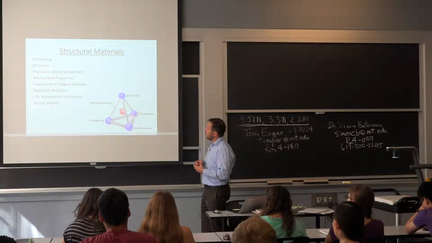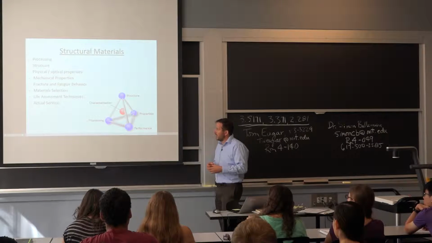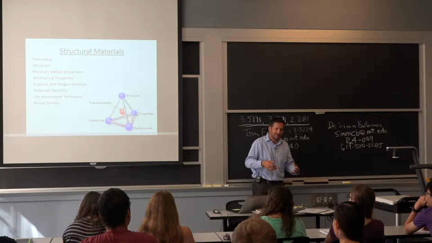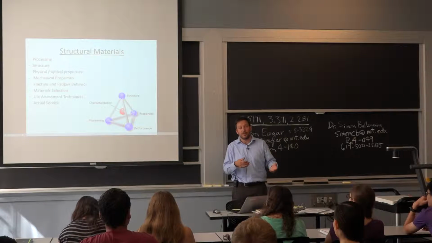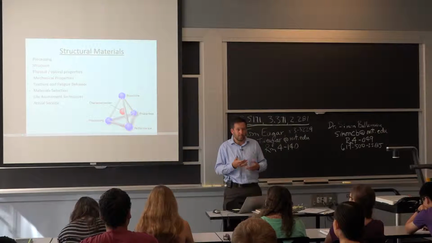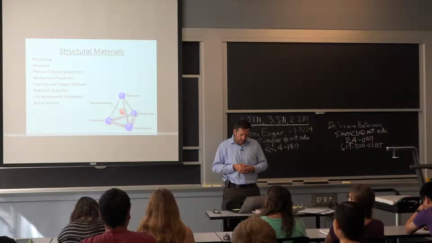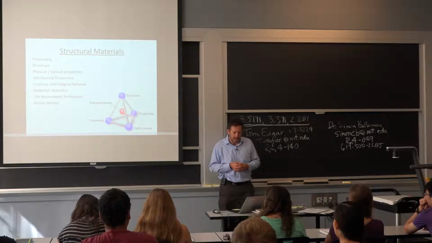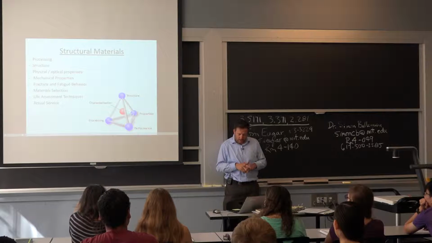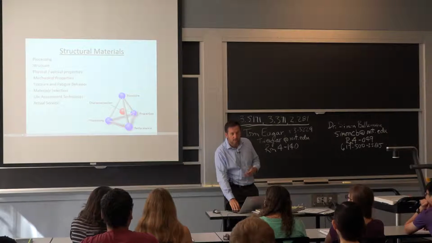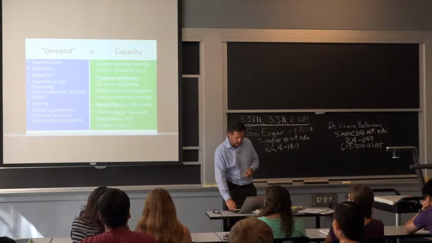But a lot of it, in terms of a structural material, it has to fit the function. And if it's a structure, then it needs to resist some loads under a certain condition of environment, temperature, and all that. So it's just to give you some idea of where we're going here in terms of when I say structural material, that's what I'm thinking.